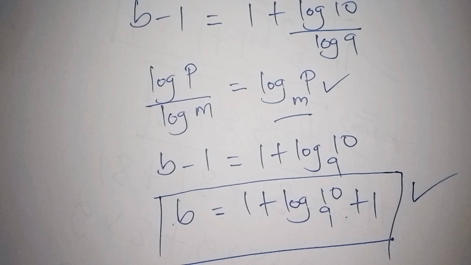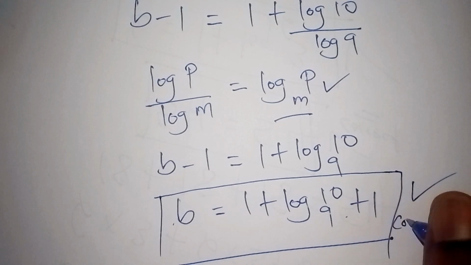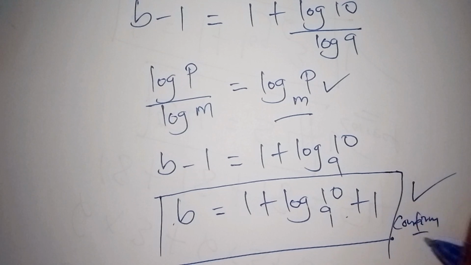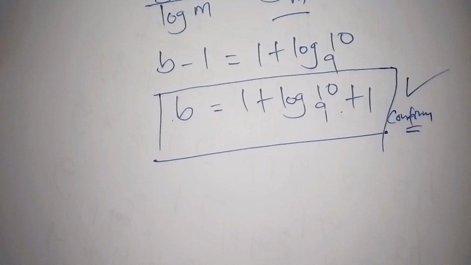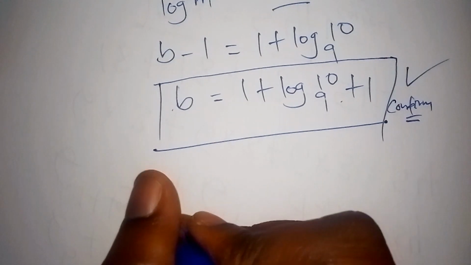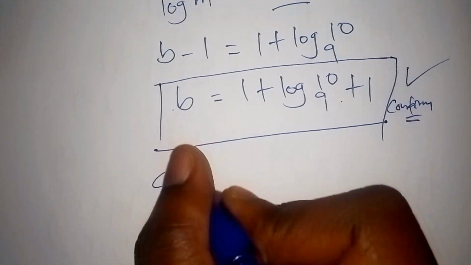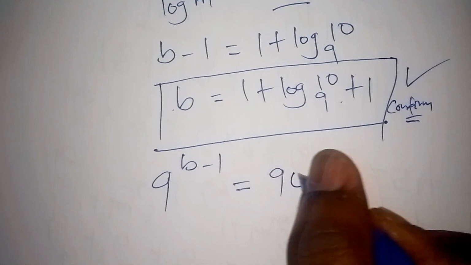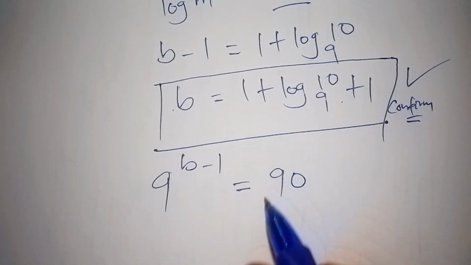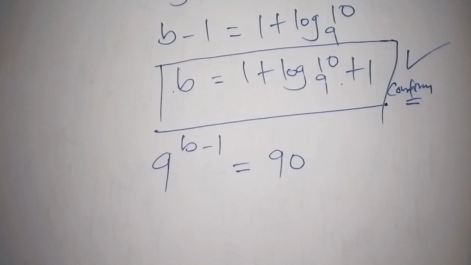If you worked it out and got this one, good. Let's now confirm the answer and verify that it is indeed true. Our math problem is 9 to the power of b minus 1 is equal to 90. Where there is b minus 1, we put 1 plus the log of 10 to the base of 9 plus 1.